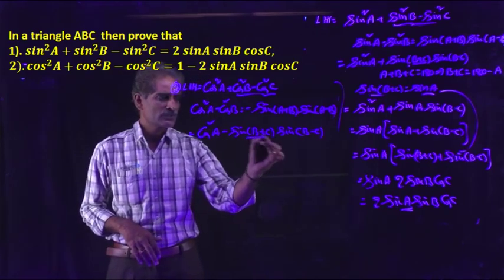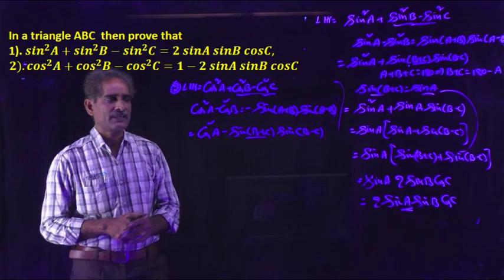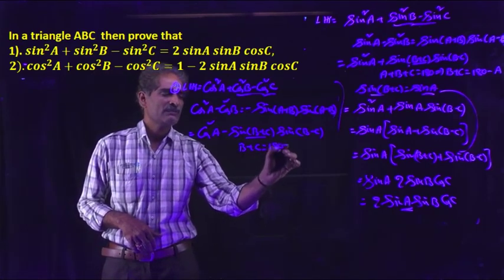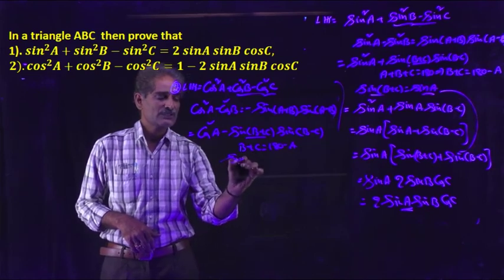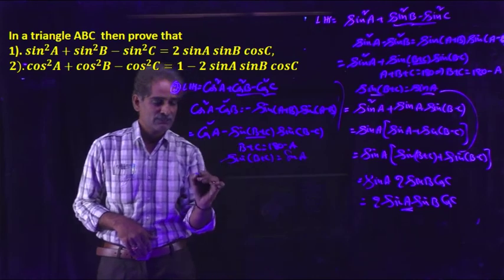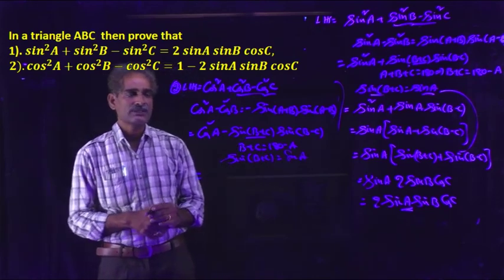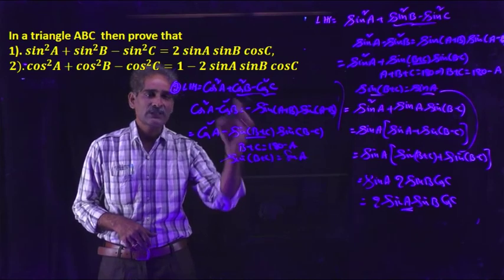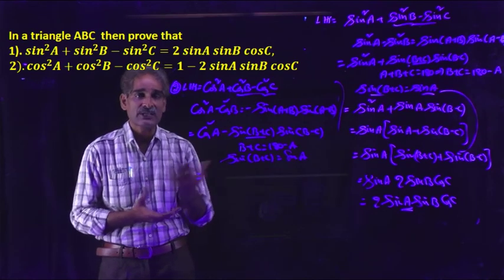Try to change this function in terms of angle A. Already B plus C is equal to 180 minus A, so sin(B plus C) is equal to sin A. Just replace sin(B plus C) by sin A. Understand? So here we are getting the sin A function, and in the options also, on the right side, sin A is there.